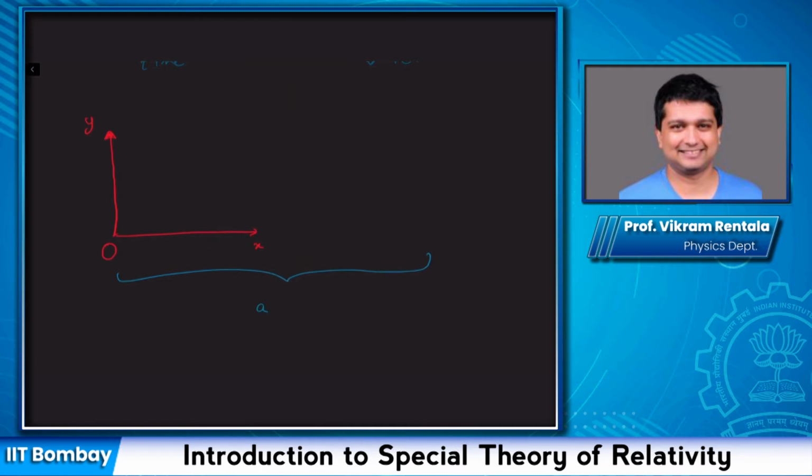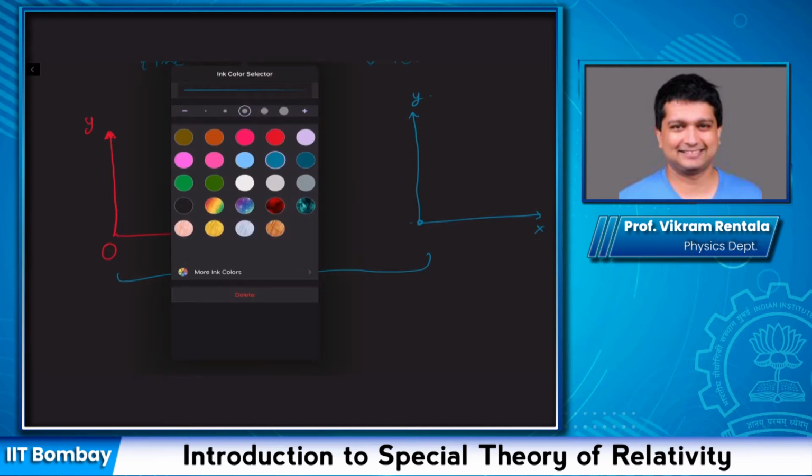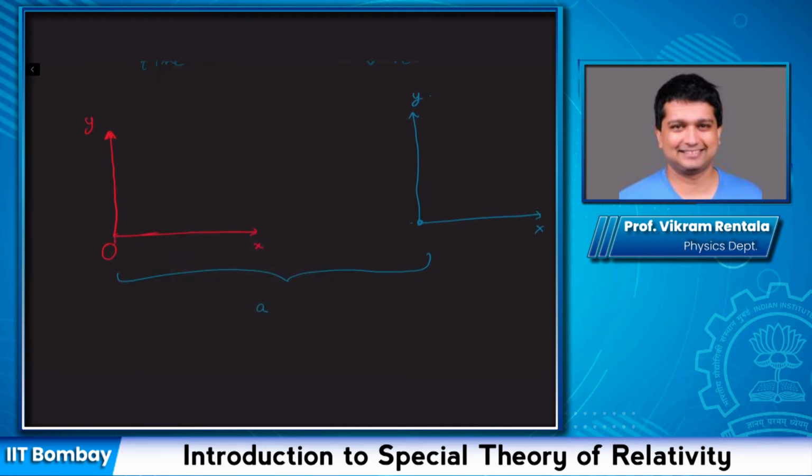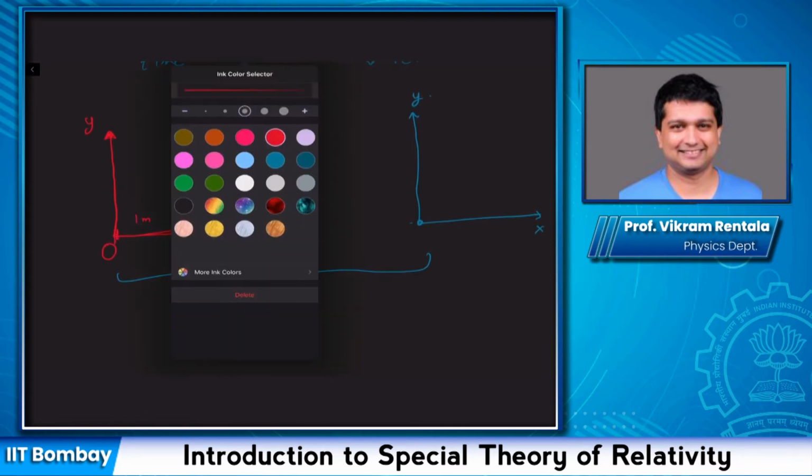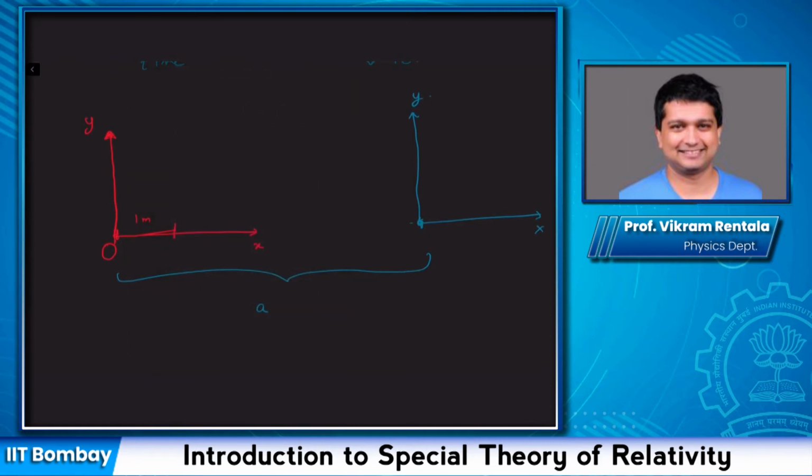Okay, so their origin is over here and their x-axis has the same orientation. And their y-axis has the same orientation. And they also have the same meter sticks. So this is 1 meter, and this observer also has the same 1 meter stick.